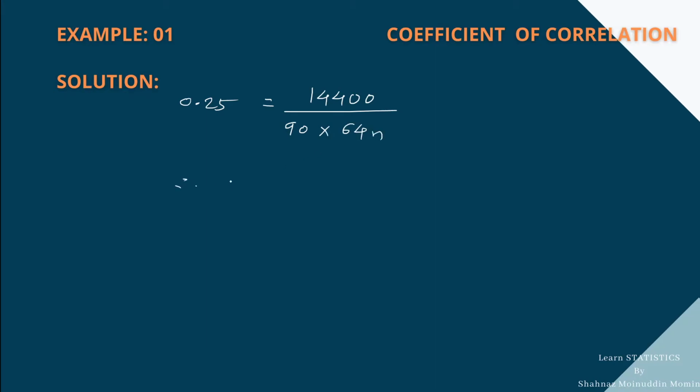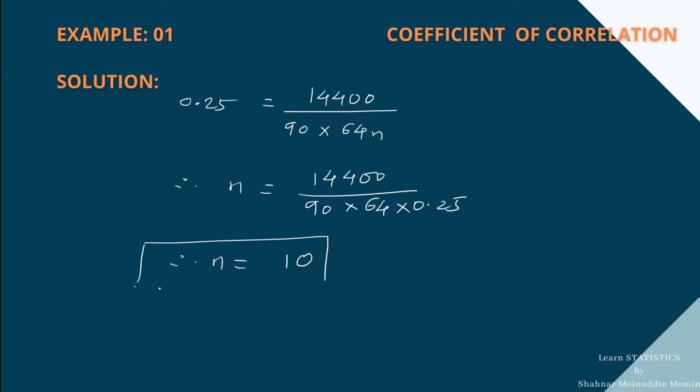Therefore n equal to 14400 divided by 90 into 64 into 0.25. After simplification we get n is equal to 10. This is the value of the number of pairs of observations.